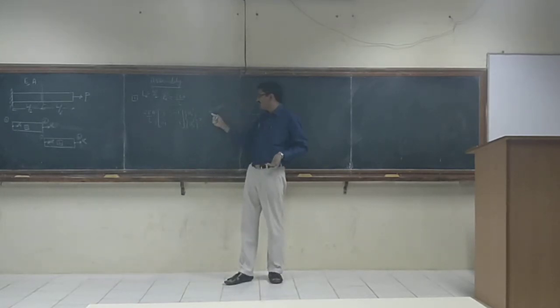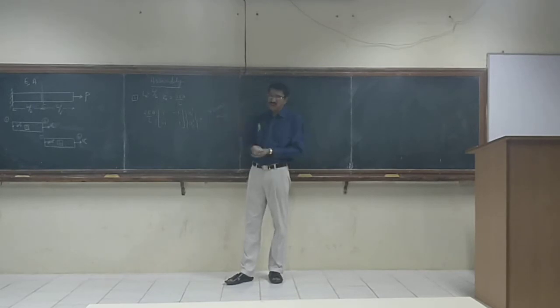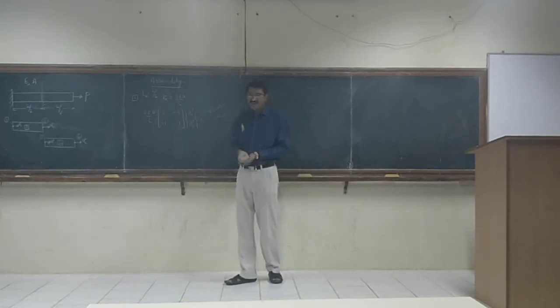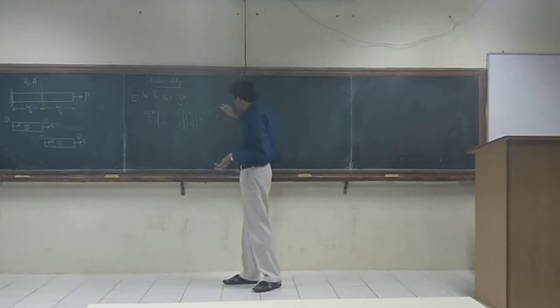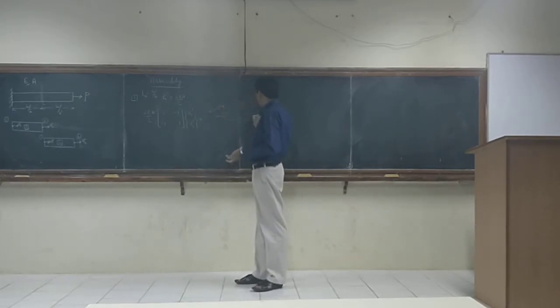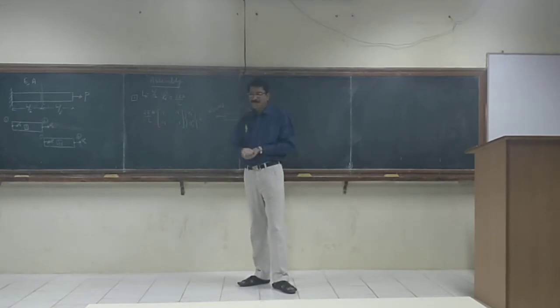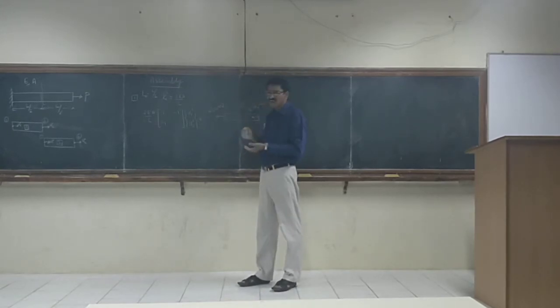The direction is reversed, so we say Ke times U2 minus U1. No, sorry, U1 minus U2. Here we have Ke1 times U2 minus U1. So this is what we get.